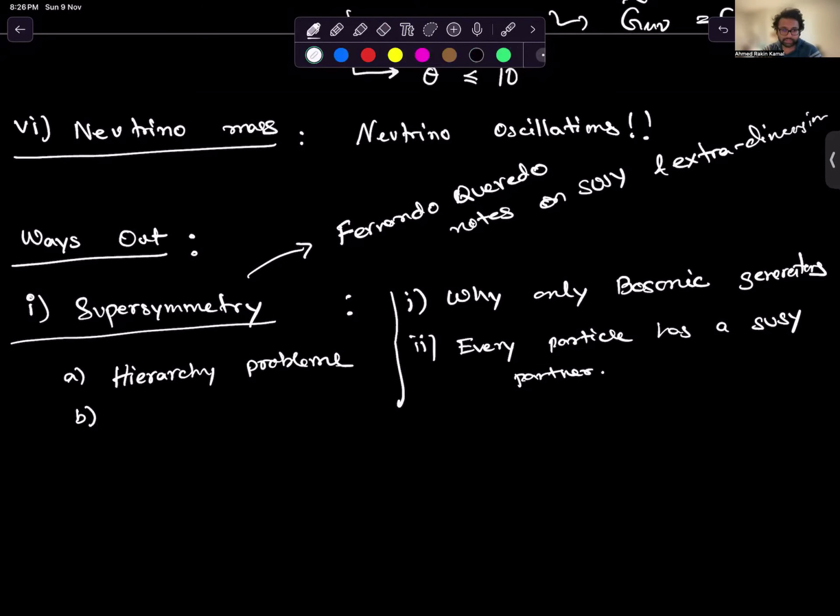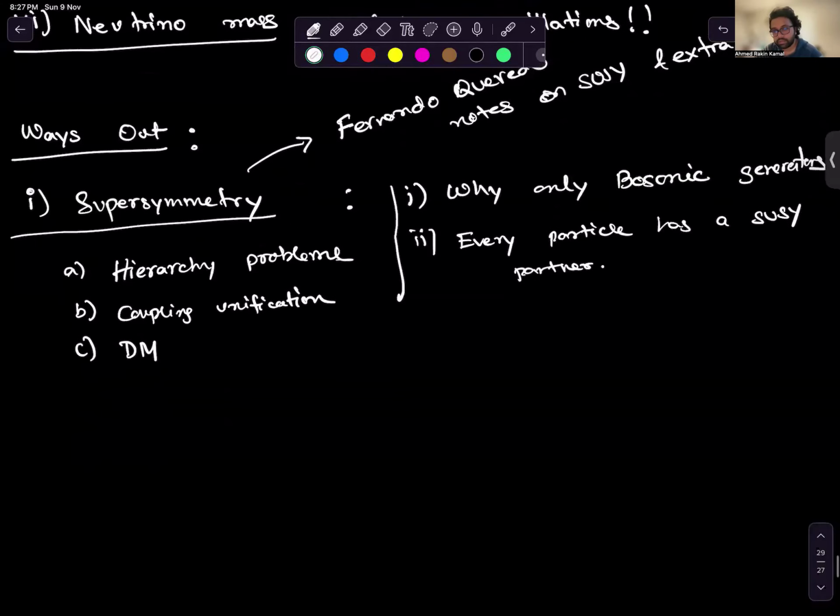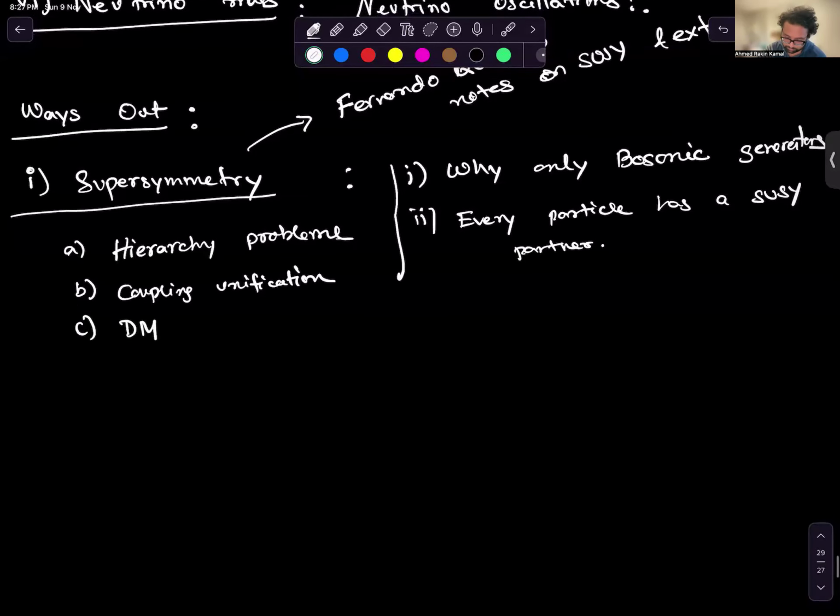It also addresses, in some part, coupling unification. One thing we saw is that at high energies, electroweak interactions, which are weak interactions and electromagnetism, are part of the same force. But a coupling unification happens under this arena. It also has particles which can explain the dark matter abundance, which is nice, and in some ways it can explain inflation.